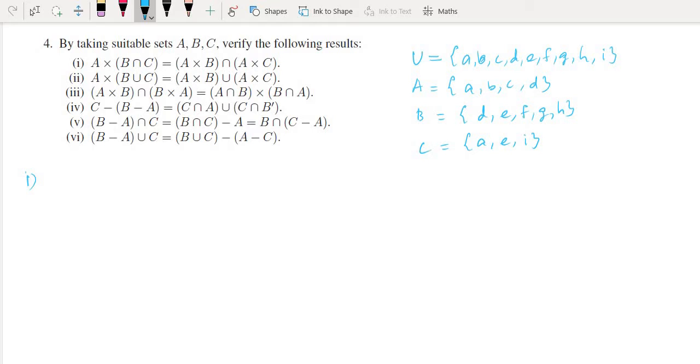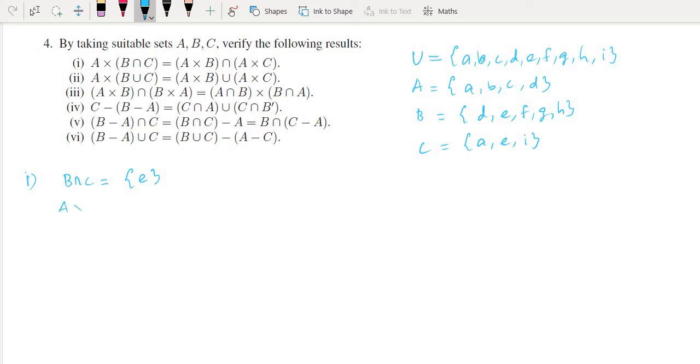A cross (B intersection C) is equal to (A cross B) intersection (A cross C). So let me find B intersection C first. Intersection is nothing but the common elements of both the sets. So the common element for both the sets B and C is e. We have only one element in common. So B intersection C is {e}.